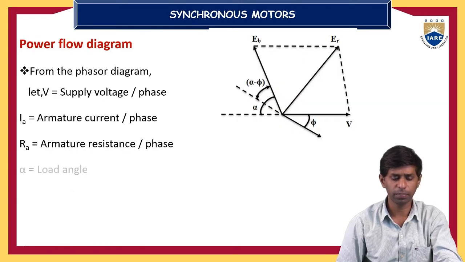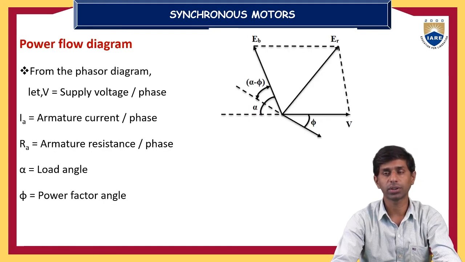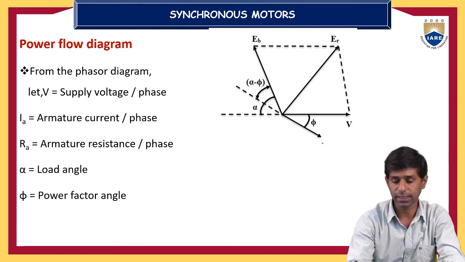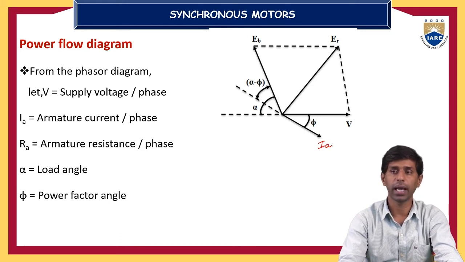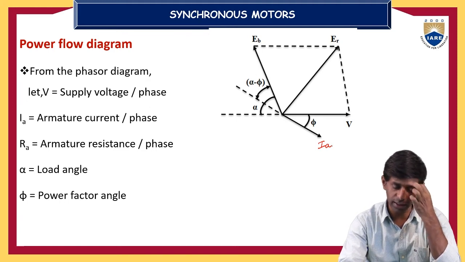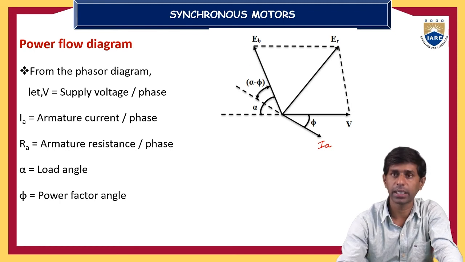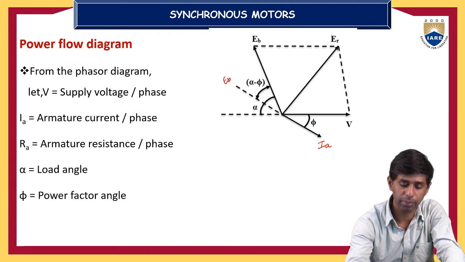Let us look into the power flow diagram as well as the power developed by a synchronous motor. Let us consider V, the terminal voltage, as the reference vector, and this is the armature current Ia, which is lagging behind the terminal voltage by angle phi. E_b is the back EMF; let us mention E_b1 and E_b2.